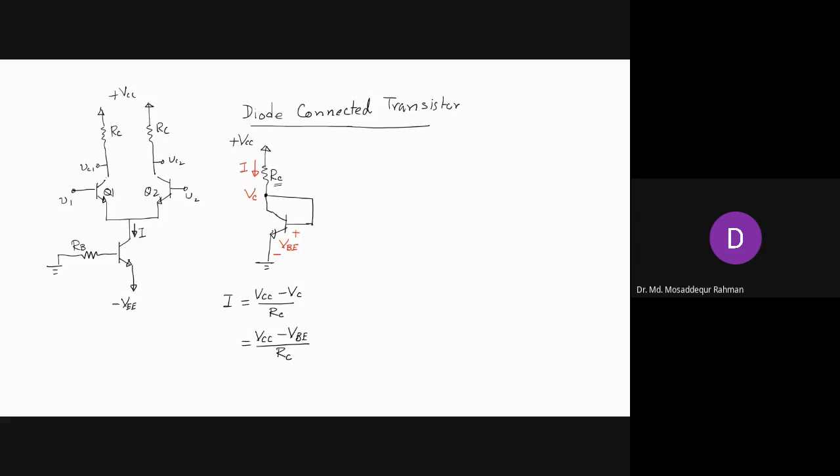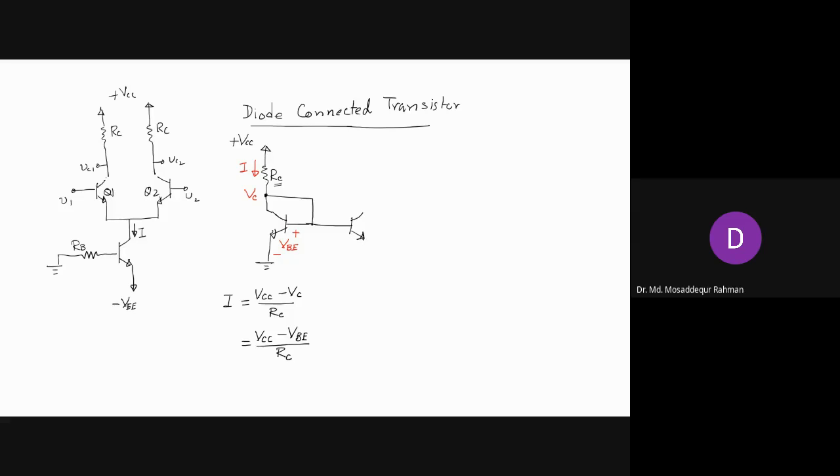Now the circuit just like this is not very useful because you have supply voltage here and this side is grounded. But this we can extend by connecting another transistor here.